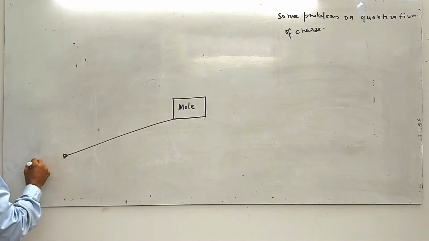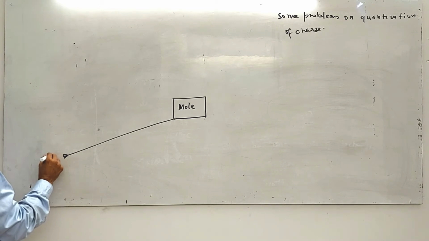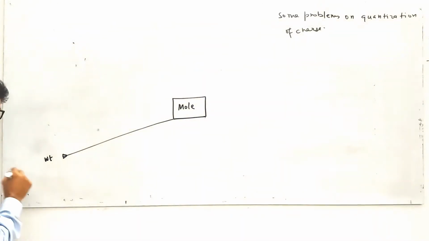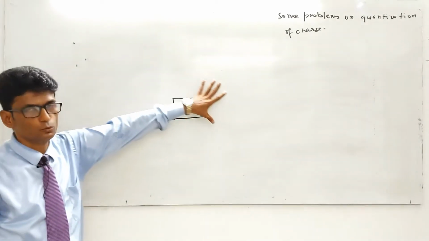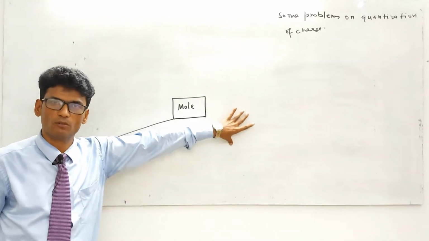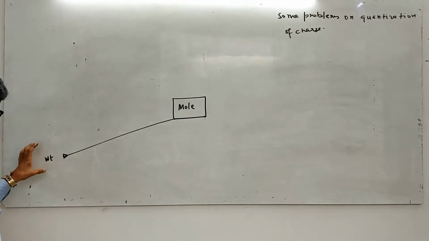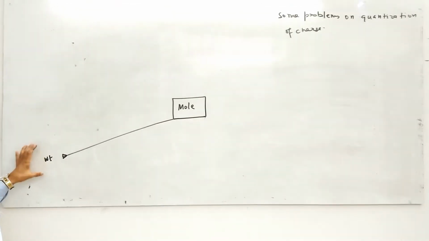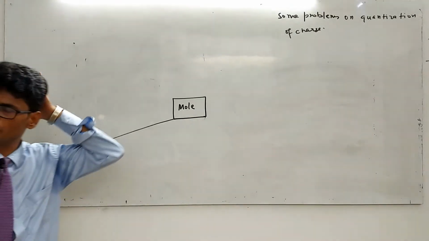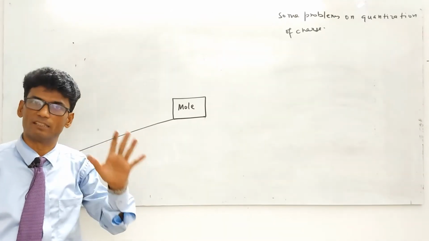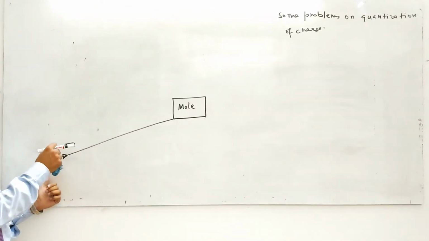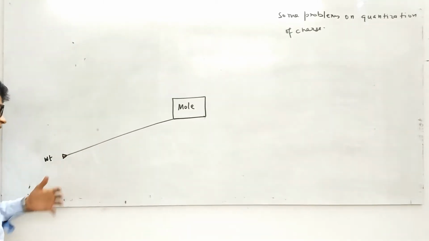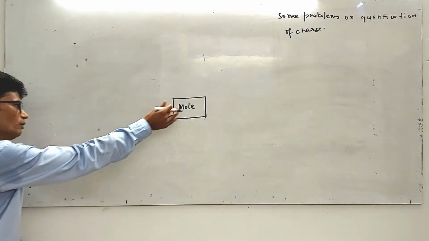Here we take the weight. However, when we do some calculation regarding mole, mass may be taken; however, in physics we all know weight is mass multiplied by acceleration due to gravity. Here, specifically, we mean weight as mass. So weight.